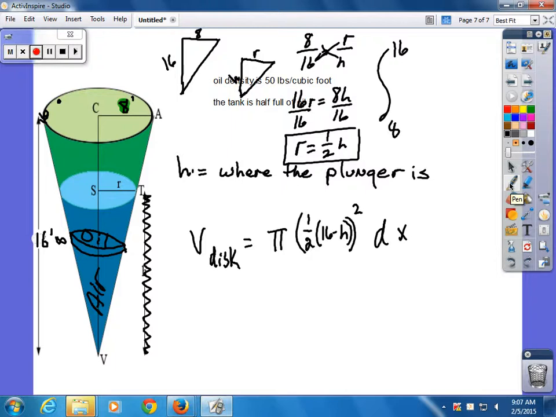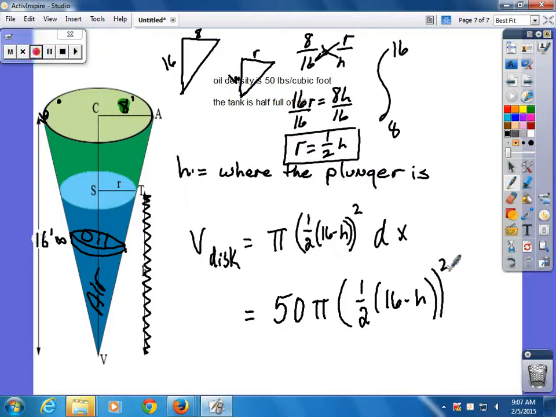Is it 50? Yeah. I'm just going to go down here and put my 50 with it. So that's going to be 50 pi times 1/2 of 16 minus h quantity squared. That whole thing is quantity squared, dx or dh. Let's say dh.